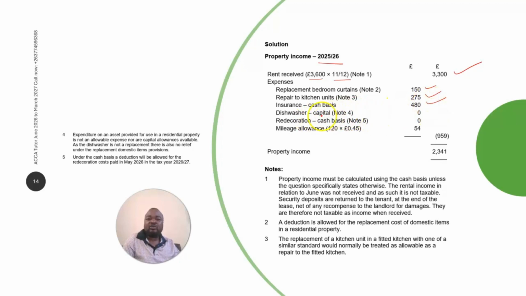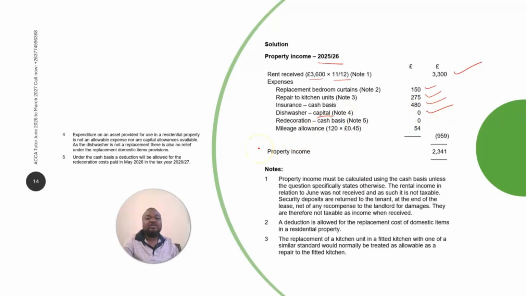The dishwasher, this one is a capital expense. So we are going to put a zero. Do not ignore making an entry even if it was a zero. Just because it was a zero, you need to indicate to the examiner that you understand that a zero was required.